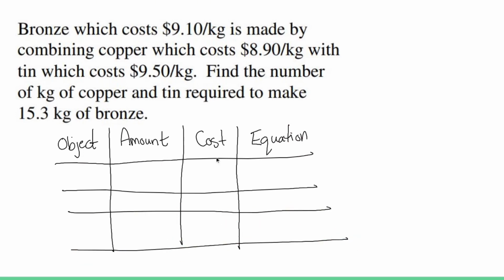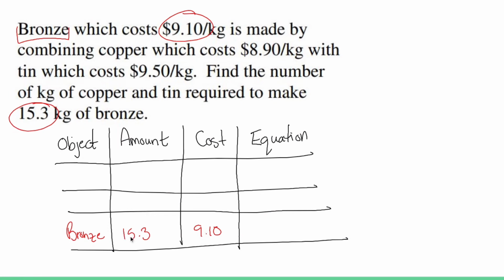Okay, not the prettiest table in the world, but I'm not here to win any awards. All right, so let's take a look at the end result, which is bronze. So I'll put that right here. What do I know? I want to make 15.3 kilograms of it, and I know it costs $9.10.